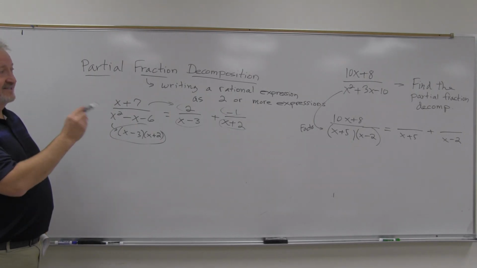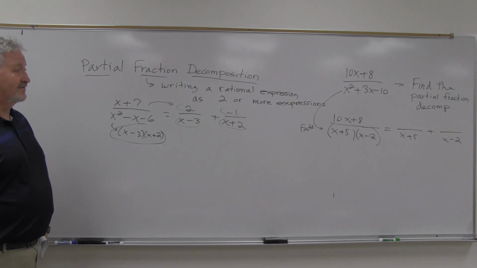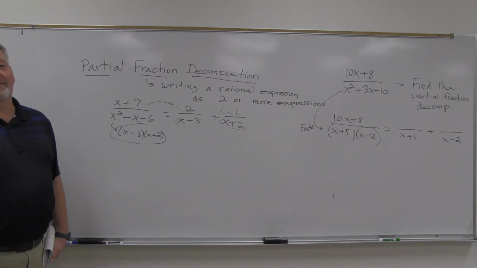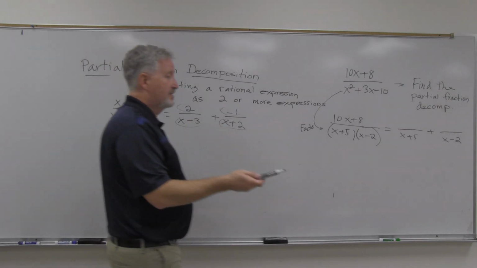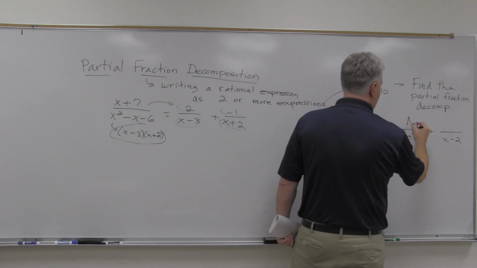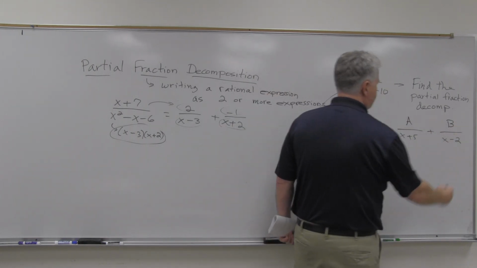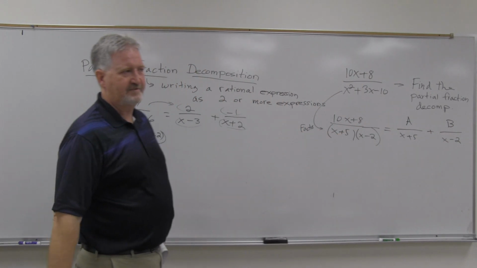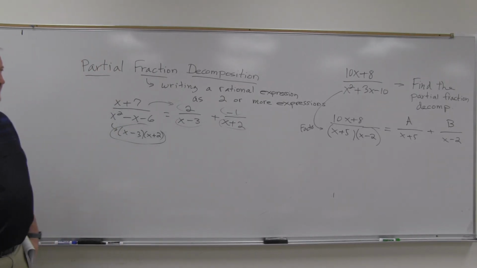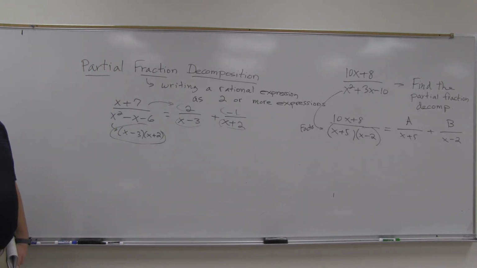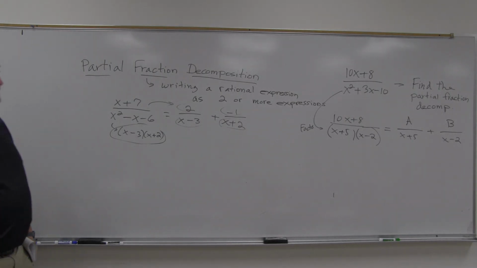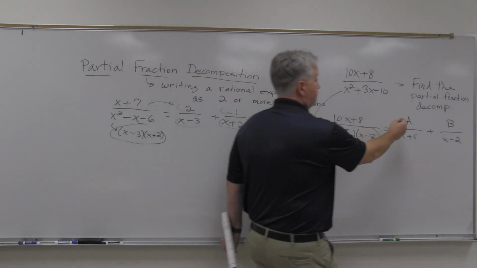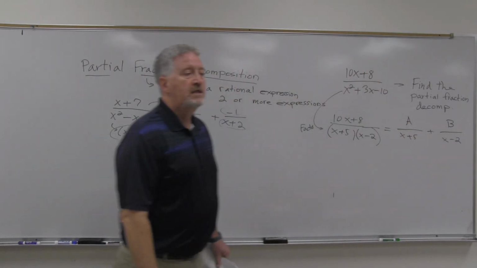I don't know what the numbers on top are, but they are numbers. So let's just call them A and B. They probably aren't the same numbers, so one's A, one's B. That gets us started. To figure out the A and the B, that's going to be our answer.